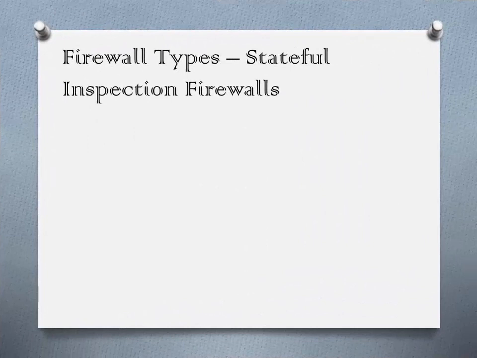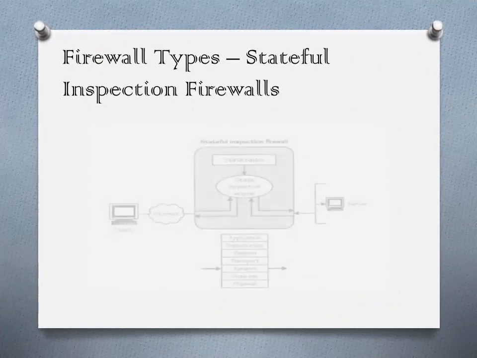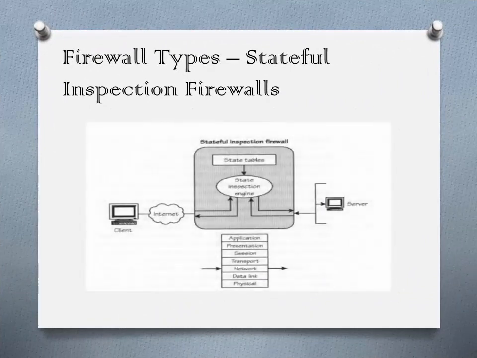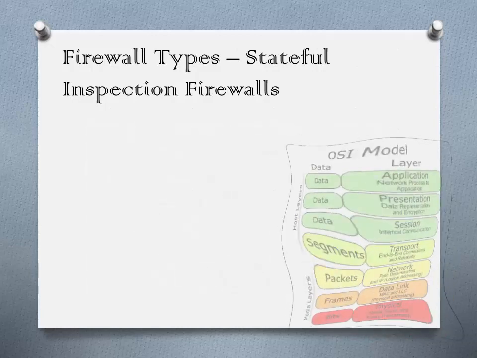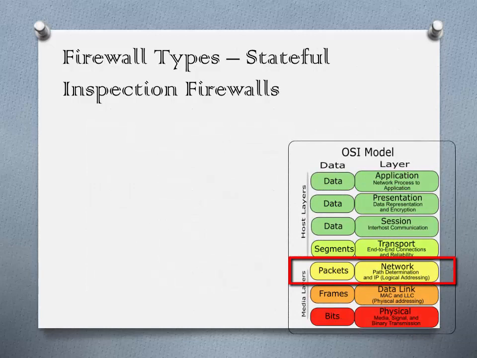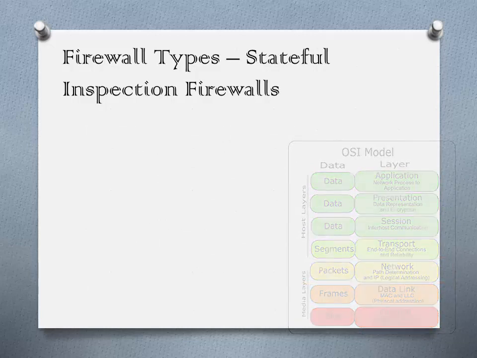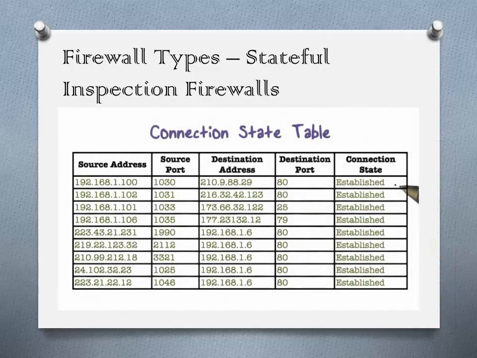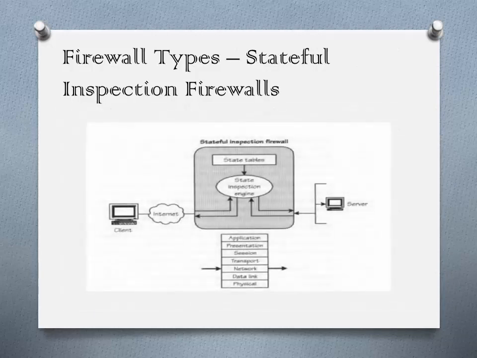Another type of firewall is known as stateful inspection firewalls. In this firewall, data packets are captured by an inspection engine that is operating at the network layer. It maintains a state table which is constantly updated. The packets are then queued and analyzed at all OSI layers.